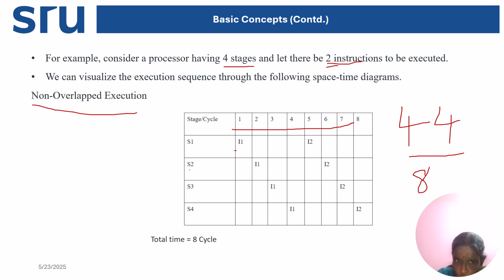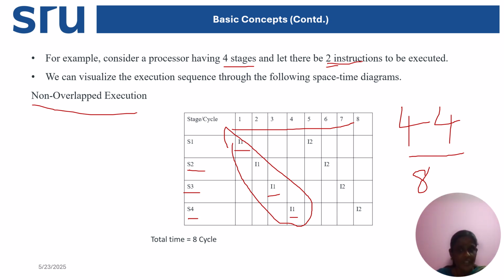See, stage 1 is the first clock cycle, stage 2 the second, stage 3 the third, stage 4 the fourth clock cycle. Notice that all 4 belong to I1, that is instruction 1. So up to 4 clock cycles, the first instruction is getting completed, and then in the fifth clock cycle, instruction 2 enters.